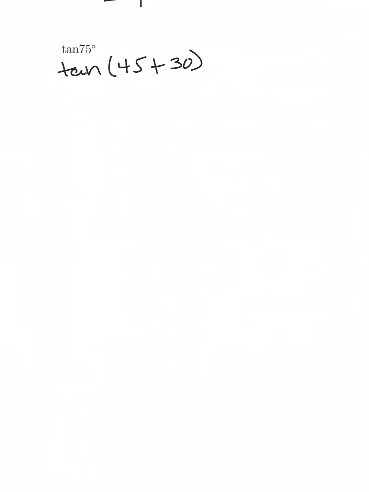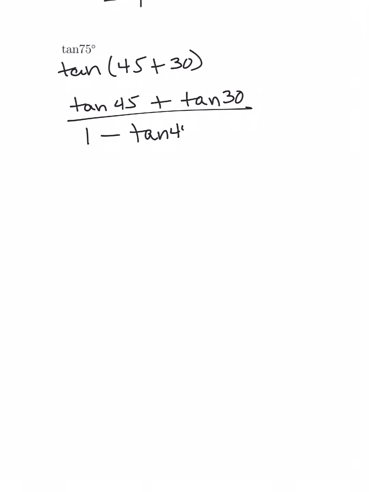And that formula says we do the tangent of the first angle, same operation, so it's plus, tangent of the second angle, over 1 opposite operation minus tangent of the first angle times tangent of the second angle.